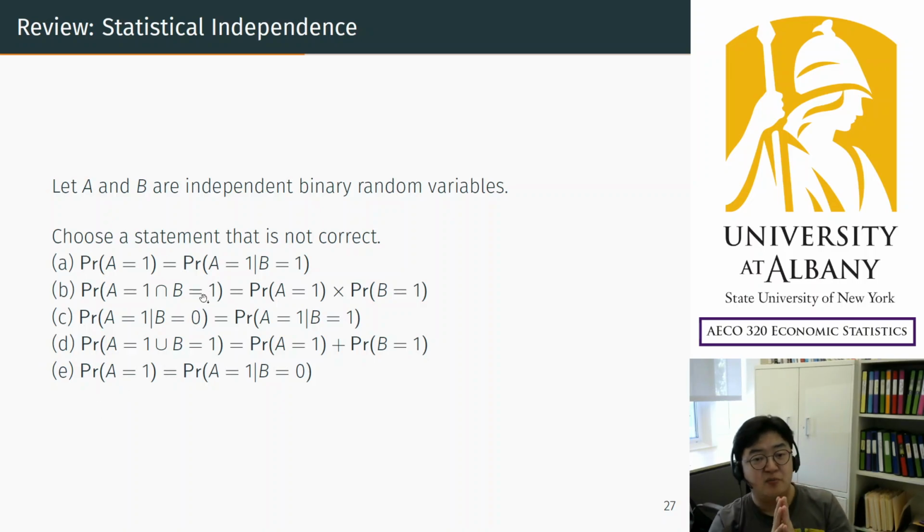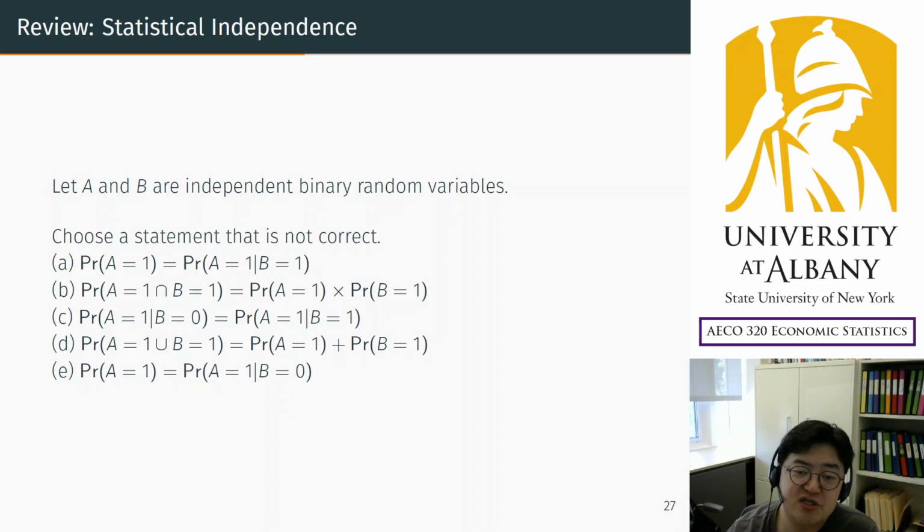Another important property of independence is the special multiplication rule. Under independence, you can express the probability of the intersection as the multiplication of 2 simple probabilities. So the probability that A and B happen at the same time equals the probability of A times the probability of B. That is the special multiplication rule, which is true only when 2 events are independent.